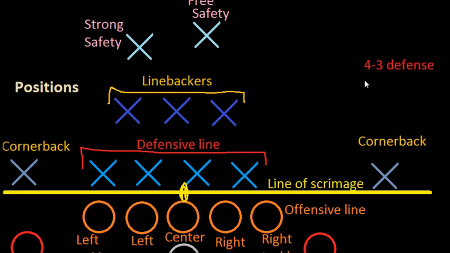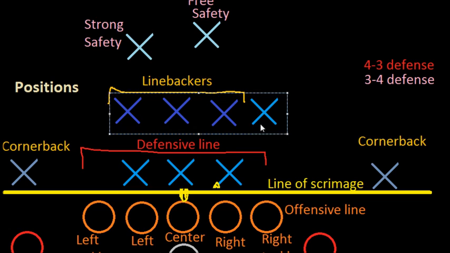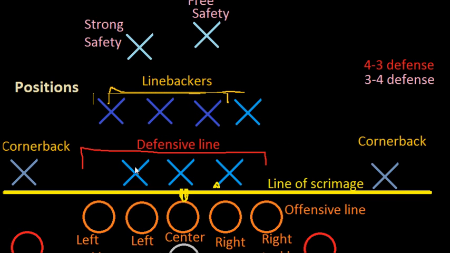The other common way that you might see guys line up instead of a 4-3 is a 3-4 defense, which would simply mean that one of the linemen will actually move back to linebacker, so you will have 3 linemen in the middle there, and then you would have 4 linebackers. That would be the 3-4 defense. And really these guys can stand wherever they want.